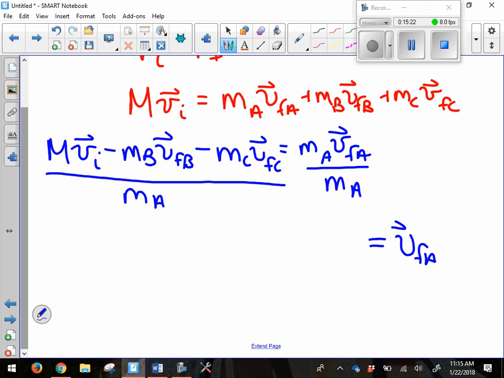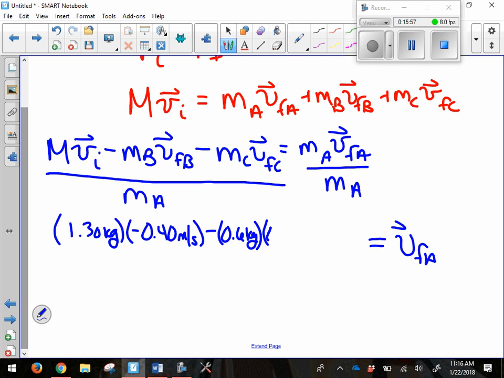Note that in this situation I have not removed the vector symbols from my velocities, so when you substitute in, you need to put in the pluses and the minuses. The total mass, if we add up the masses of all the pieces, is 1.30 kilograms times the negative 0.40 meters per second. The mass of B is 0.6 kilograms, and its velocity is 0.2.